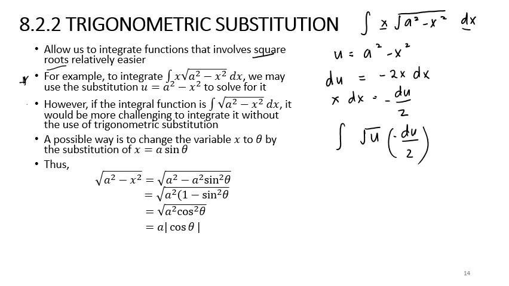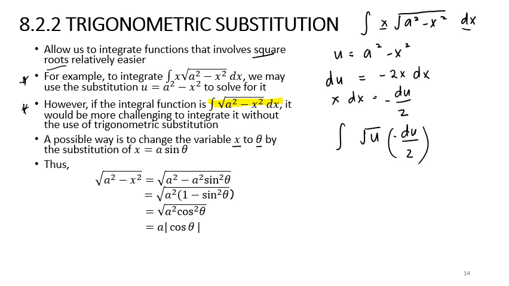But if you have this kind of example here, where the function is this only, with no x in front of the square root, it would be more challenging to integrate this function without the use of trigonometric substitution. So what you want to do is change the variable x to theta by the substitution x equals a sine theta, depending on what would be more useful for you.